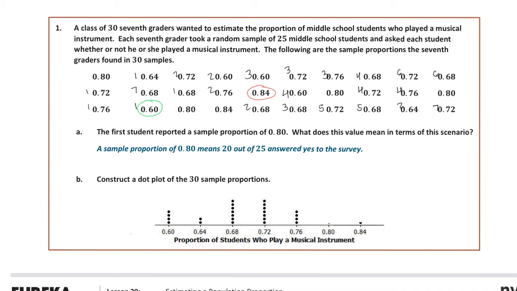So we'll have 4 dots here. For 80 hundredths, we'll have 1, 2, 3, and 4. So we'll have 4 dots here. And then for 84 hundredths, we'll have 1 and 2. So we'll have 2 dots for 84 hundredths. Go ahead and pause this video if you need more time to draw this out. When you're done with this, we'll go ahead and move on to 1C.